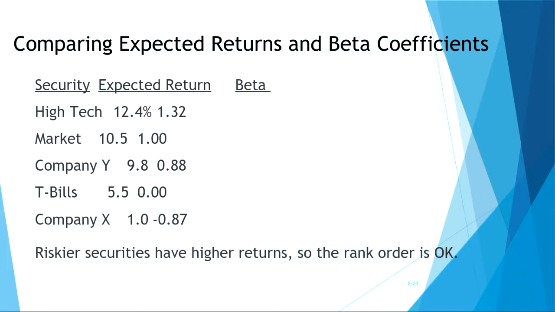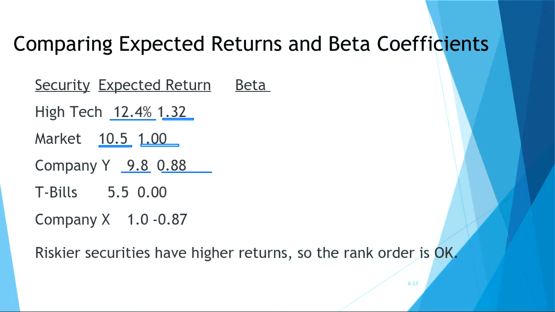Okay, let's see the other instruments' beta. The first number is the expected return that was calculated last week, and the second one is the beta. The market return is 10.5 and the beta is 1 because it is itself. Company Y, the expected return is 9.8, the beta is 0.88.